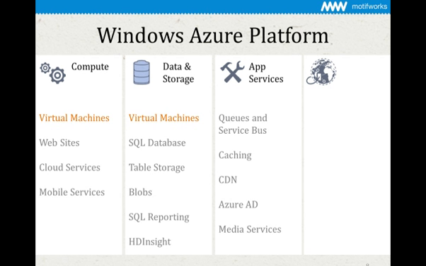For identity management, it provides you Azure AD services and access control, and it provides you media services for all your media-related applications. The hybrid capability of Windows Azure is made possible by its virtual network. You can create a virtual network using the Windows Azure platform, and that provides you secure access to connect your own on-premise local network to a defined set of Windows Azure VMs.